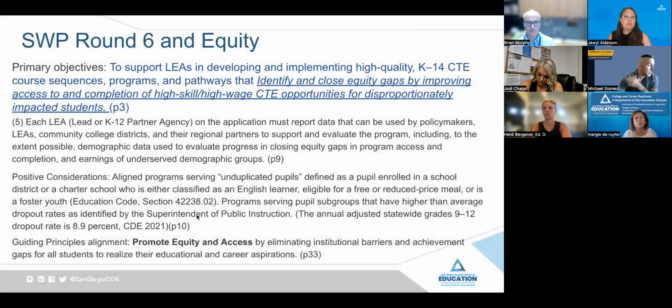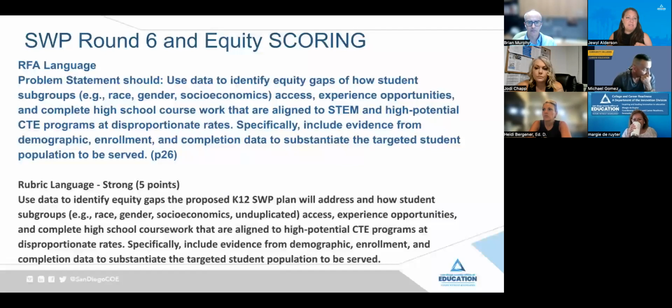When it comes to Strong Workforce Round 6, most of these page numbers I went through and tried to update yesterday, but as you know, it just came out on Friday. When you're writing, you actually want to look at the RFA and the rubric at the same time.